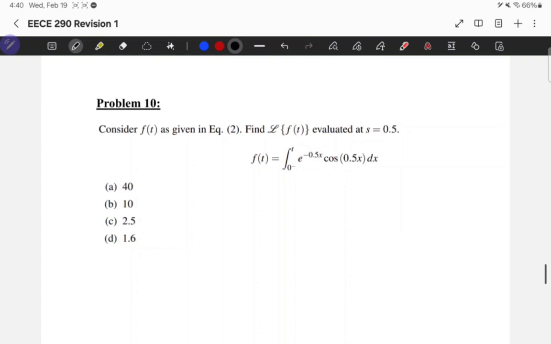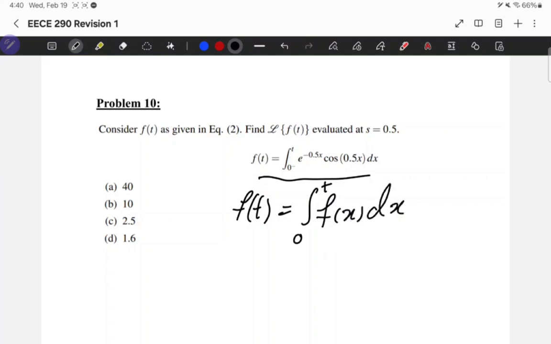So in problem 10, I have this function in time and I need the Laplace transform evaluated for s equals 0.5. And this reminds me of something. This is of the form, if I look at my formula sheet, f(t) is the integral from 0 to t of g(x) dx. In my case, g(x) is equal to e^(-0.5x) cosine 0.5x.